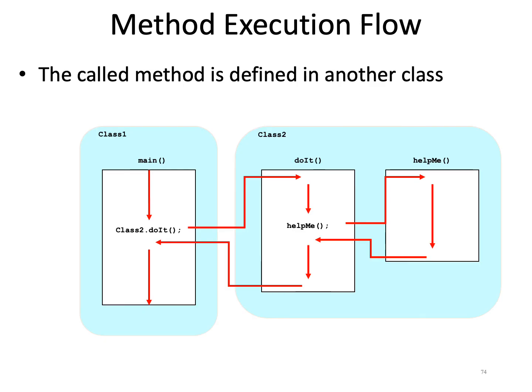If it calls a method within another class, within the main method, it calls class2.doIt method and goes to the method. In doIt method, it calls another method called helpMe that is within the same class, so it does not need to call the class name. It executes the statements within helpMe method, then returns to doIt method, and from doIt method returns back to the caller method, which is the main method.